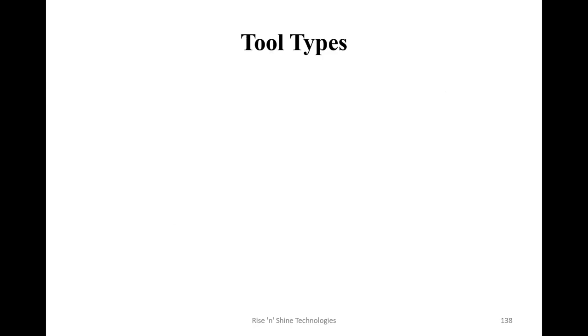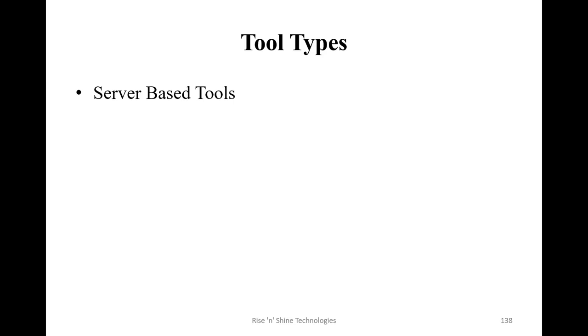As we understand, different version controlling tools are available in the market, especially SVN and Git. But why do we have SVN and Git as the main tools? We categorize them on the basis of the architecture. Whenever we are working with version controlling tools, there are two types.